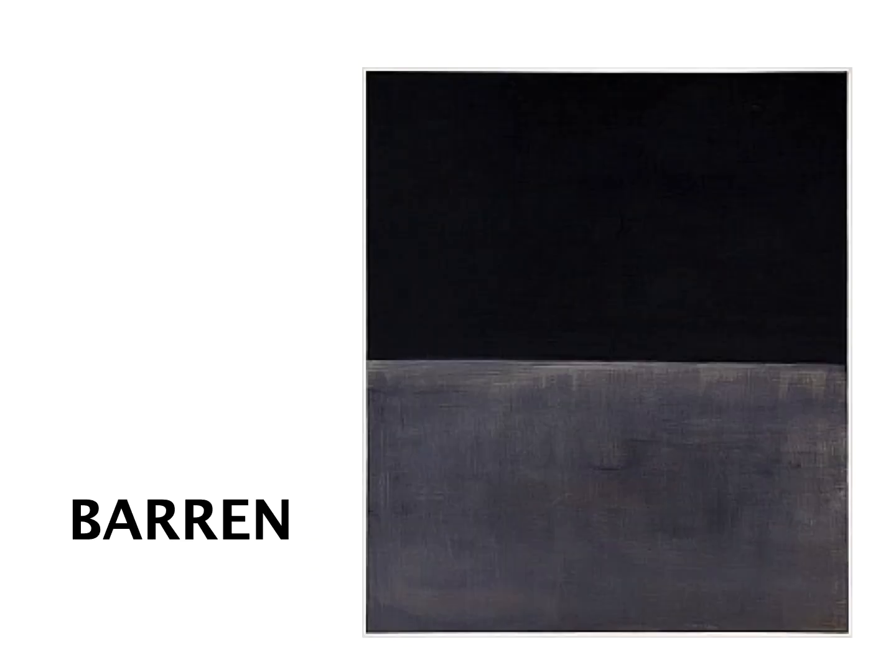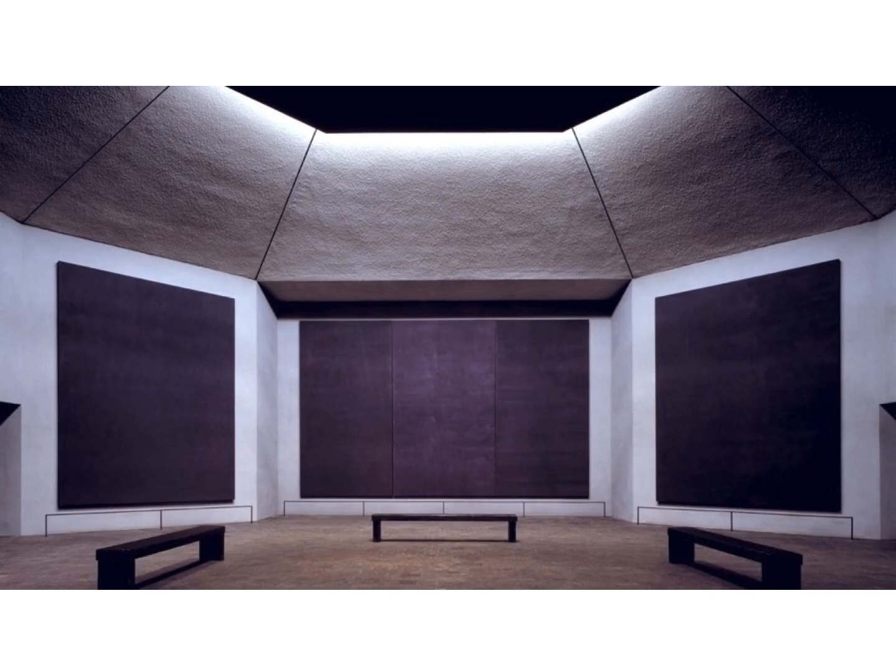On the other side of that is barren. This is a work by Rothko, done very shortly before his death. He knew that he was dying and was contemplating the meaning of that. And so they're very dark, bleak paintings. There is a chapel in Houston that he created these works for.